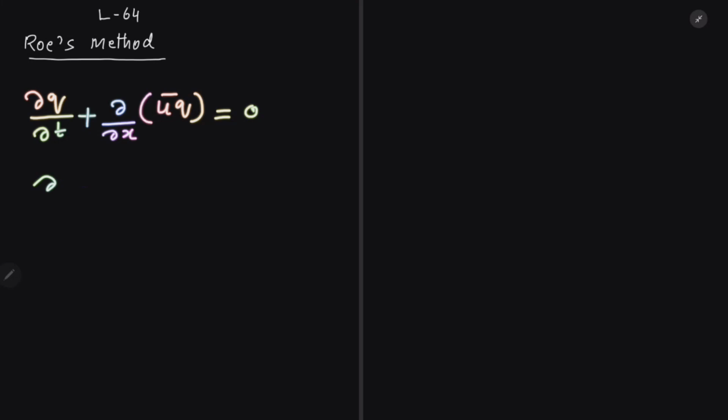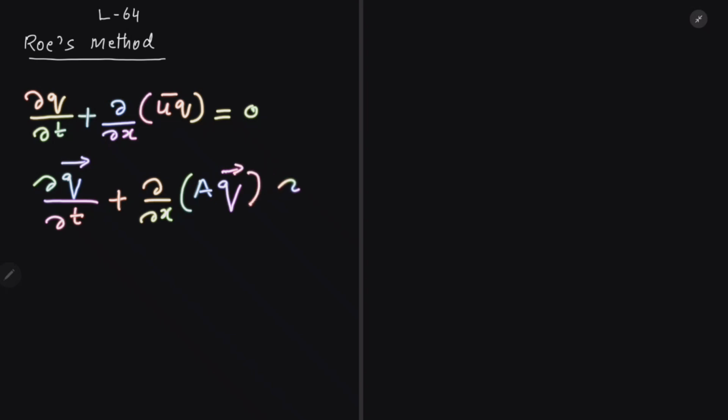And if you talk about the vector form, we can write it as partial by partial x of A, the matrix, or maybe some other quantity, equal to 0. Currently, our objective is to solve the advection equation with constant values.